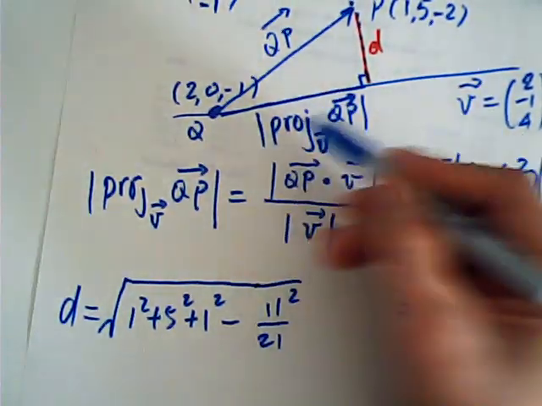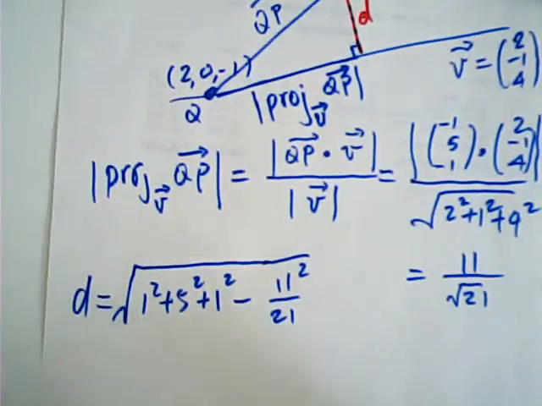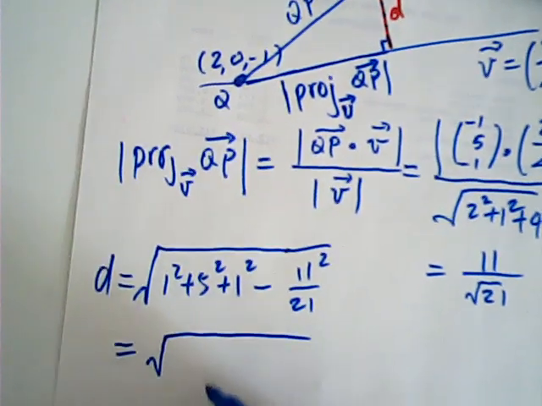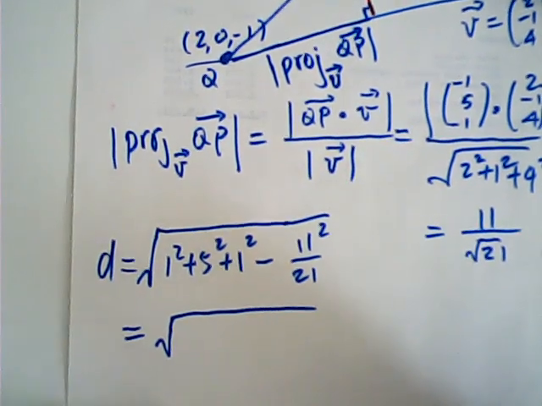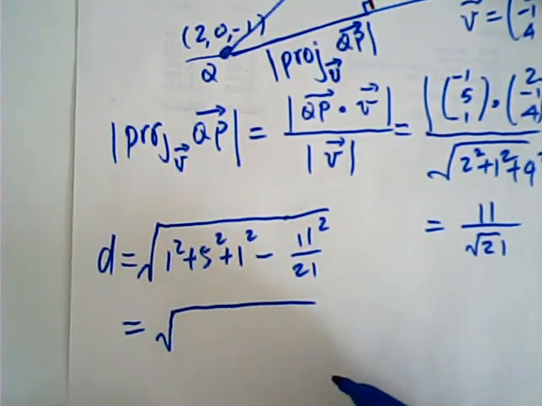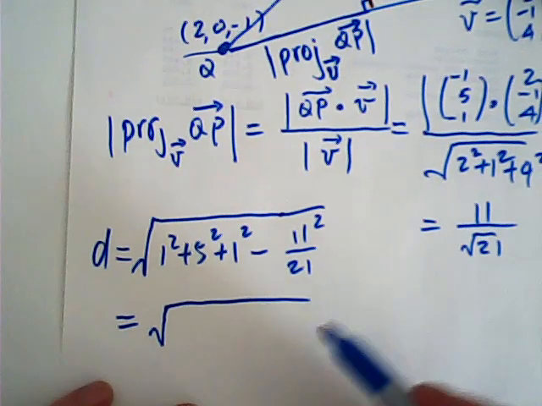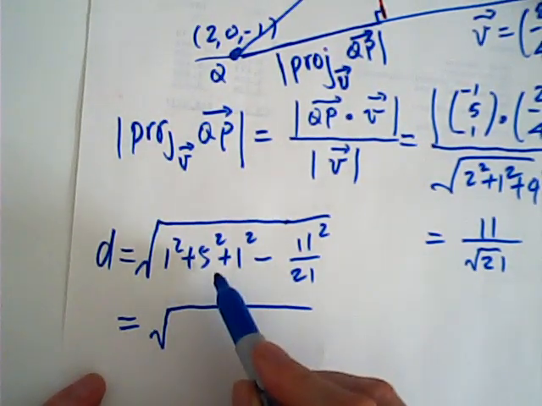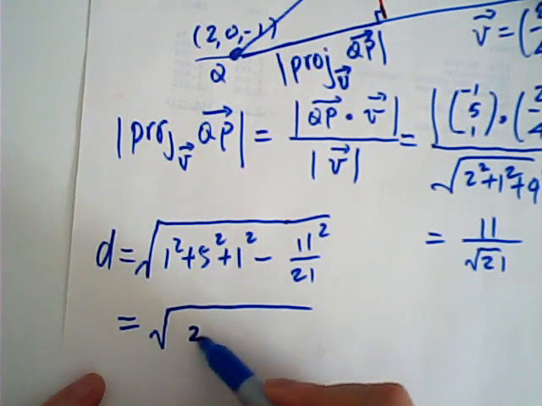Square root, you get the distance. So this one is equal to, well, I hate arithmetic, this is equal to 27, right?